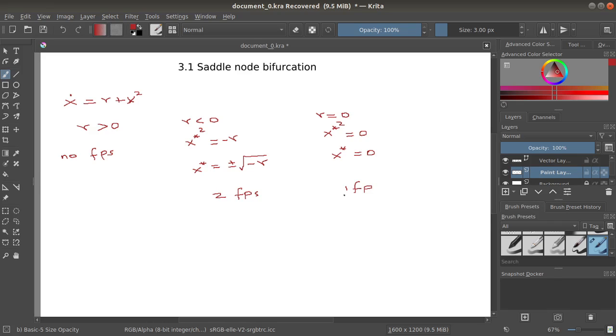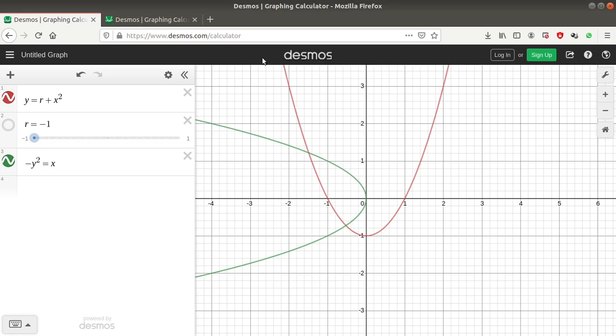Okay, now let's plot this one. So when r is negative, x dot is equal to r plus x square gives me this curve, where r is minus 1. At that time I am getting two solutions.